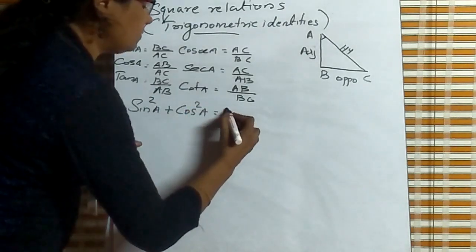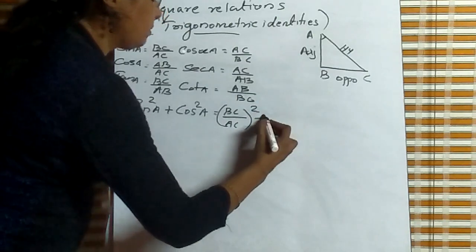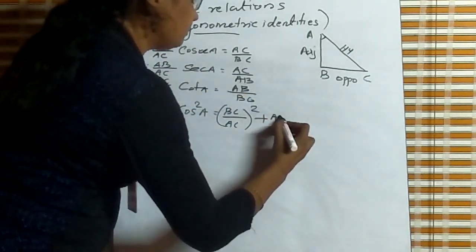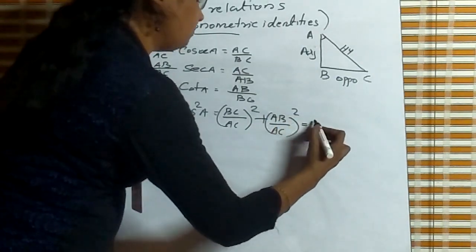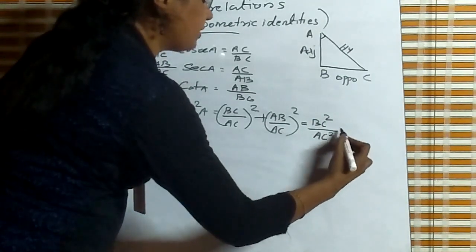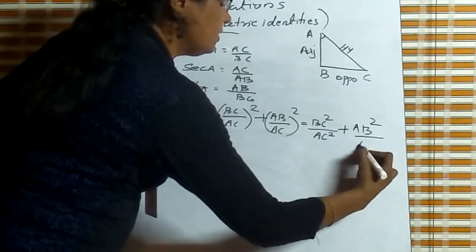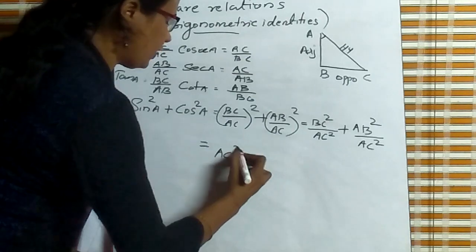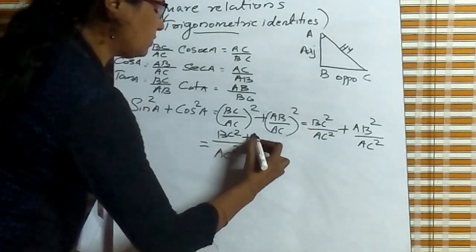So sin square A is (BC by AC) whole square plus cos square A, (AB by AC) whole square, is equal to BC square by AC square plus AB square by AC square. These two have a common denominator AC square, so it is BC square plus AB square upon AC square.